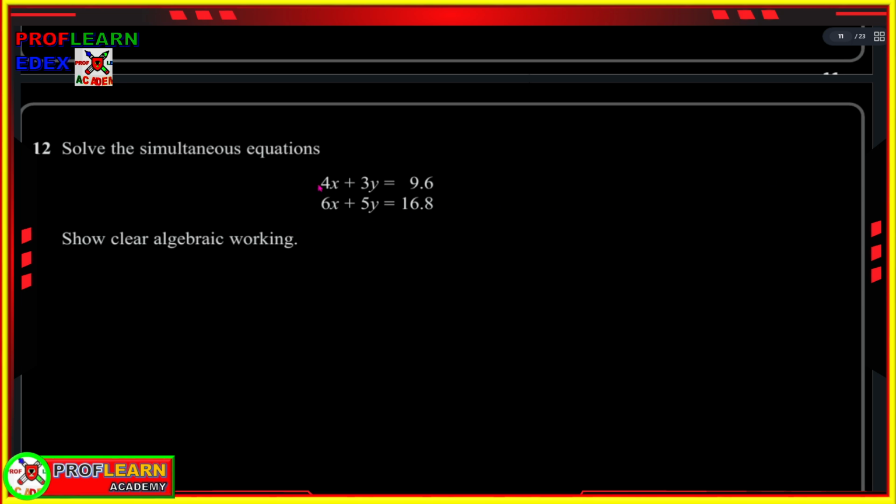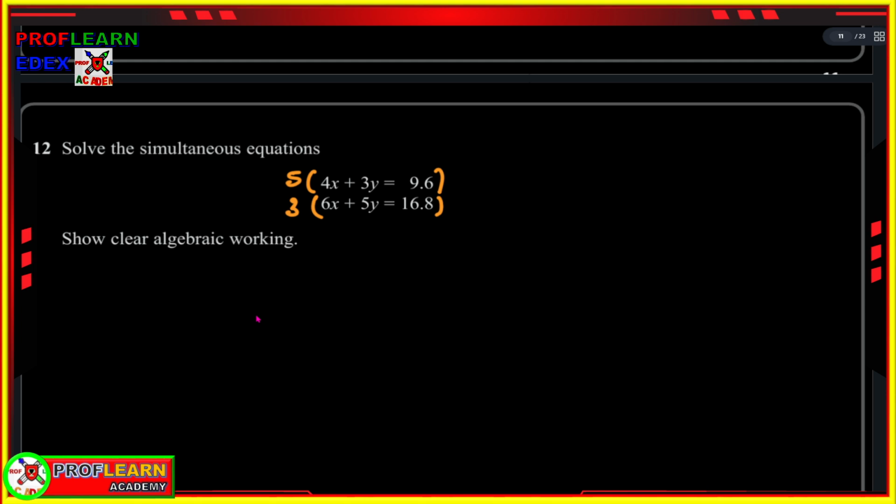All right, we have simultaneous equations, so we can decide to use the elimination method. I want to eliminate y. We can multiply here by 5, and here we multiply by 3.